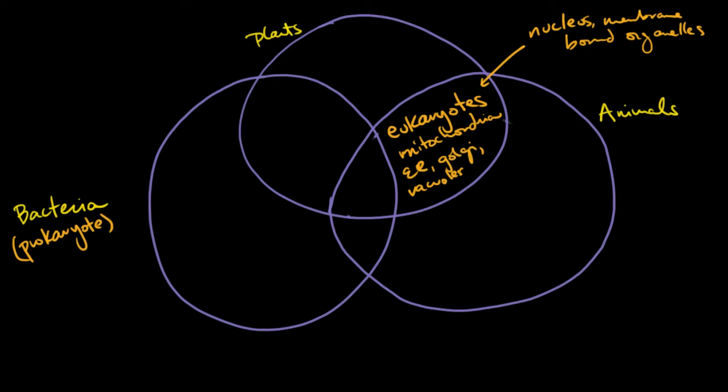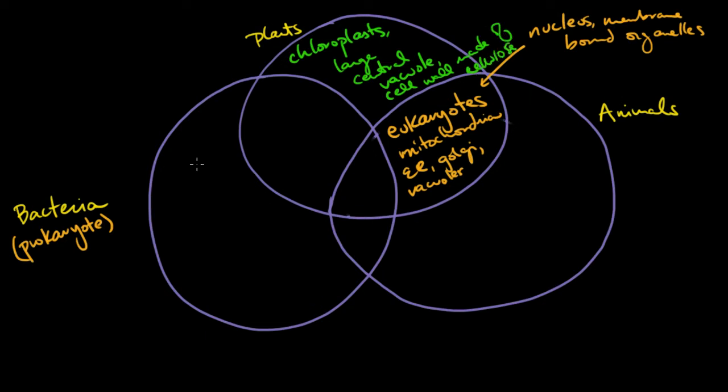Whereas the plants, I think most of you got this if you had watched the podcast in preparation. Chloroplasts, a large central vacuole, and a cell wall made of cellulose.